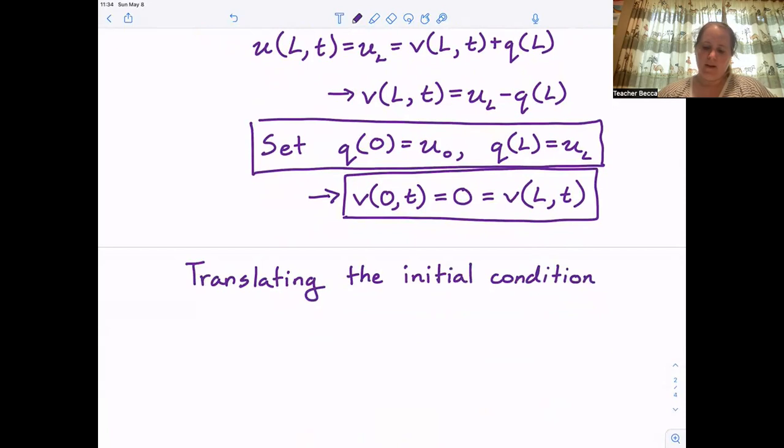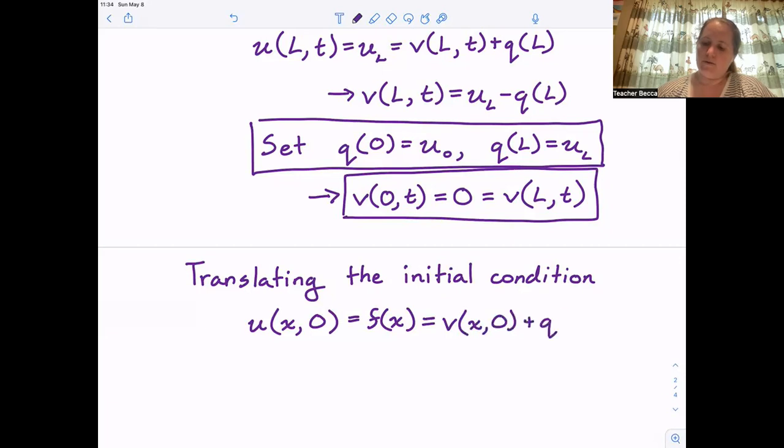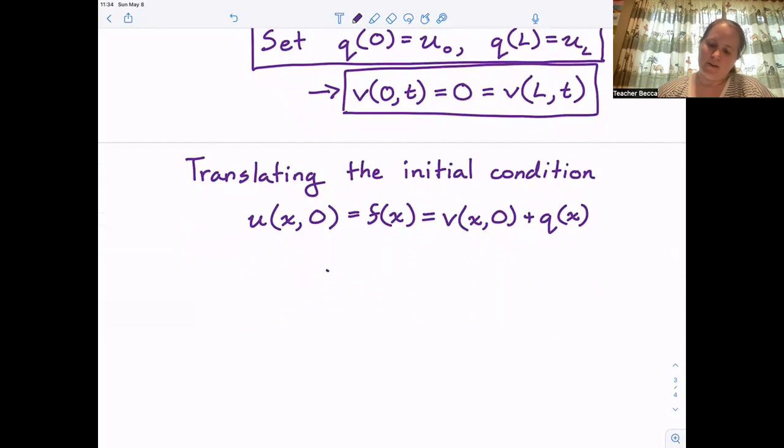We had u of x comma 0 is equal to f of x, but this should also be equal to v of x 0 plus q of x. And so what this means is that our v of x 0 should just be equal to f of x minus q of x.